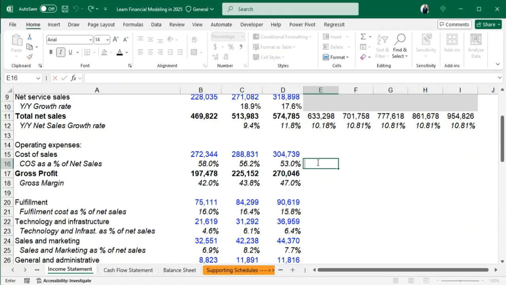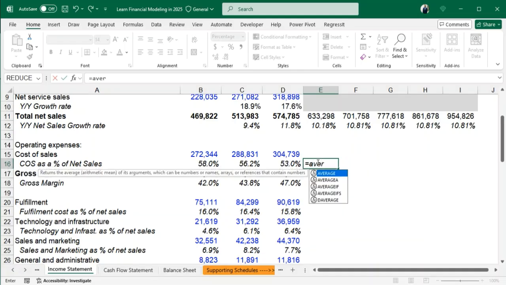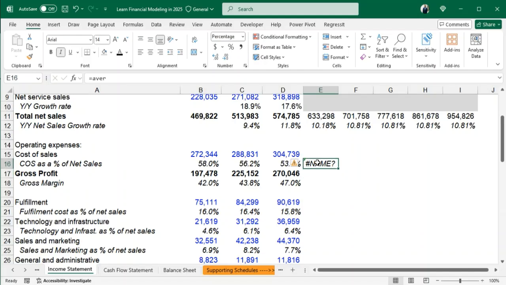The average one can be estimated using the AVERAGE function. Then the fourth method is to take the last year's percentage and assume that the last year's performance represents the most recent performance of the business. So we are projecting that for the next 5 years, it is likely that the business is going to continue on this trajectory.